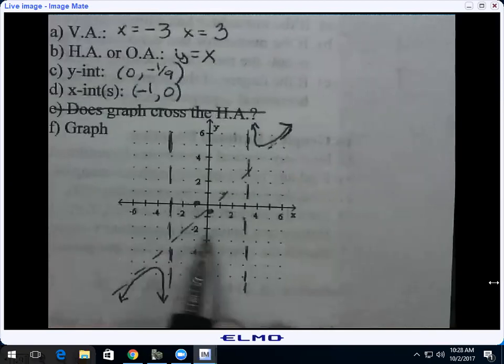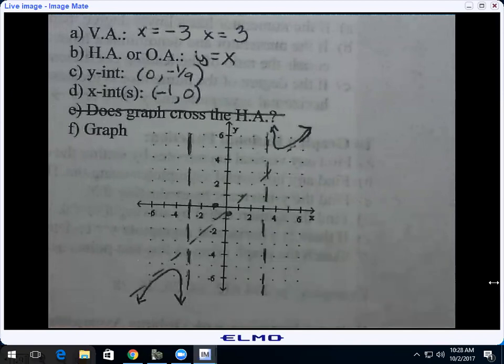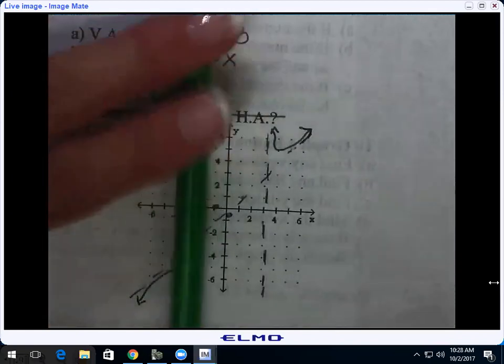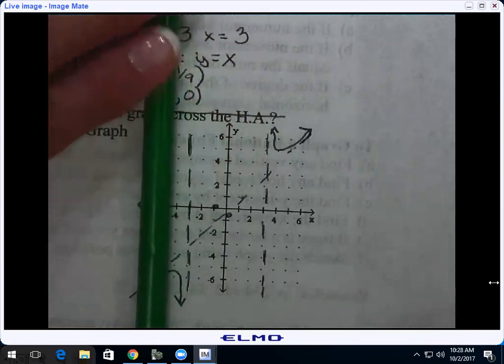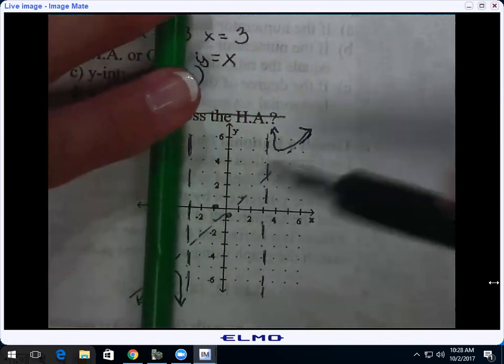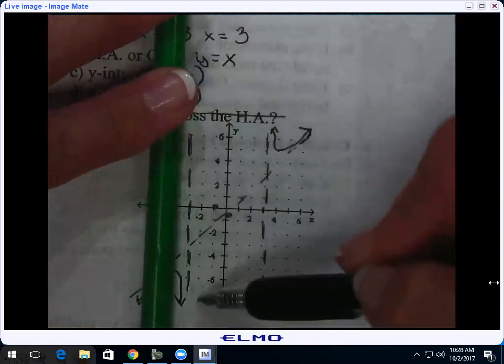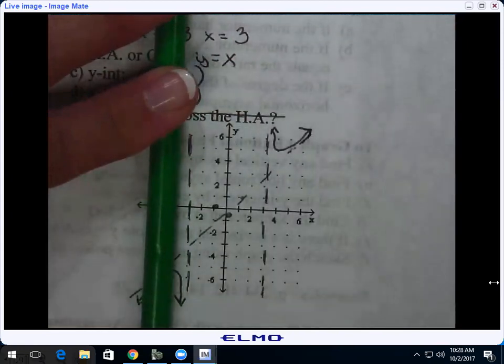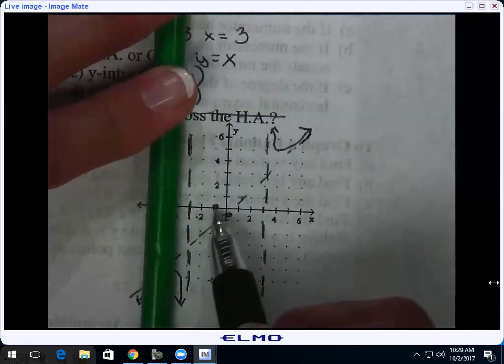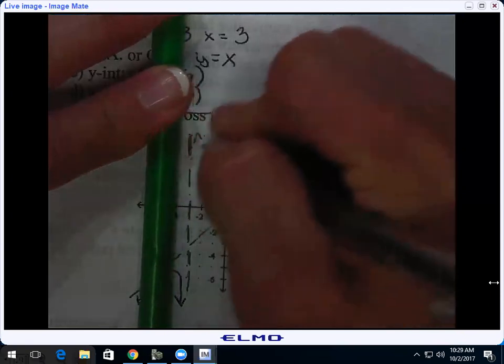Now what about between? Before I think between, I'm going to think to the right of that. To the right of that, the graph either has to be coming down from above or coming up from below. Can you tell which? To hit that x-intercept, it's going to have to be coming down from above.